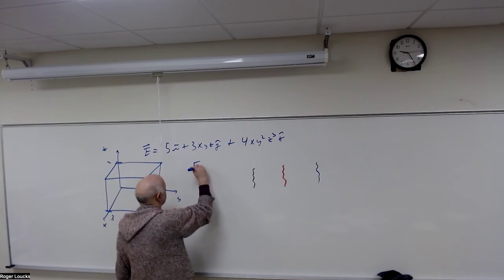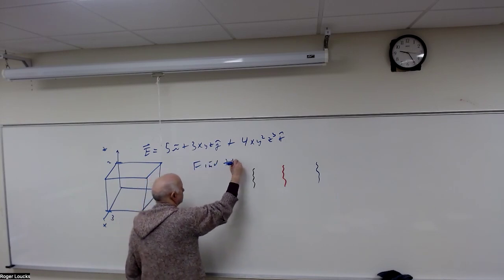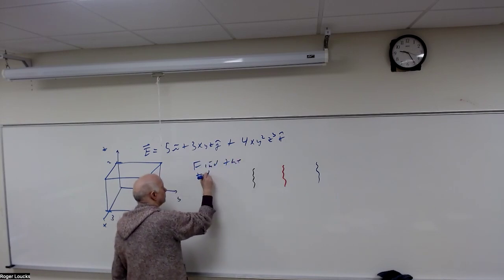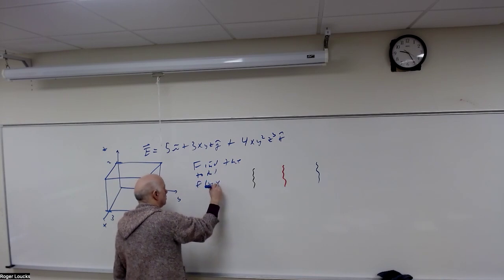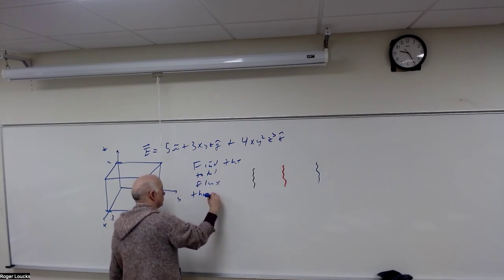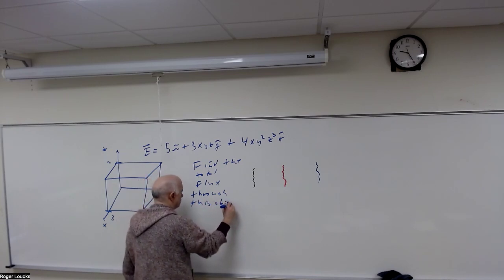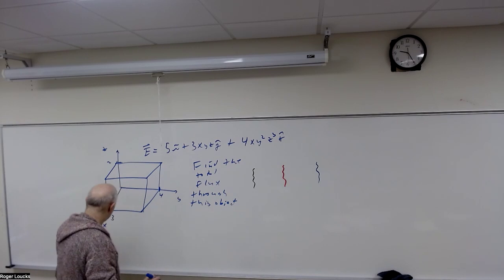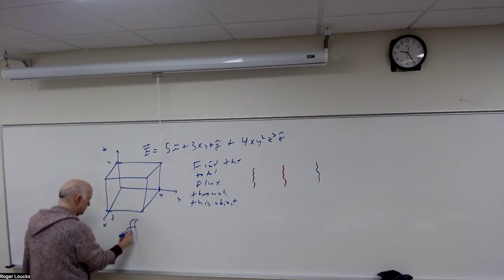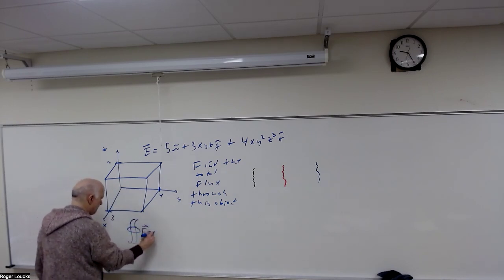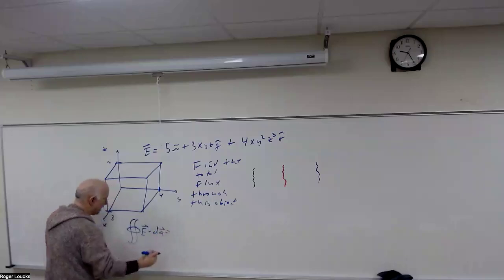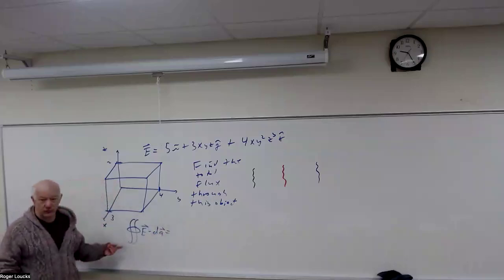Okay, find the total flux through this object. So we know our flux is this guy here. And what did we say this breaks into?